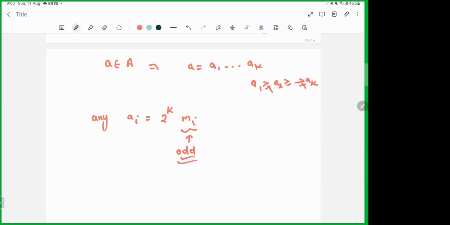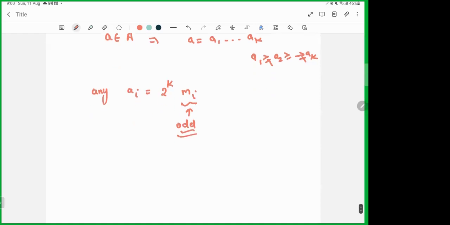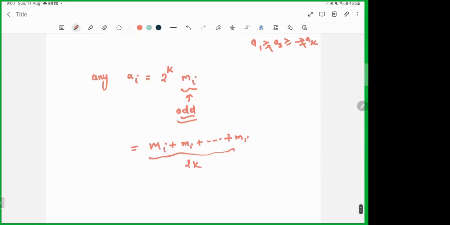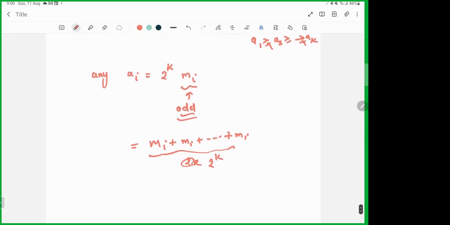So take 2 separately and mi will be odd. So now ai is of the form 2 to the power k times mi. You can break this ai as mi plus mi, repeated 2 to the power k times.